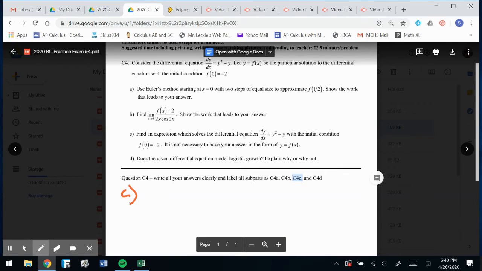All right, and what does C say? Well, C, oh snap, it says find an expression which solves the differential equation with the initial condition. Okay, so we're going to solve it. That means separate and integrate. But you know what's interesting here? It says it is not necessary to have your answer in that form. I wonder what that means.